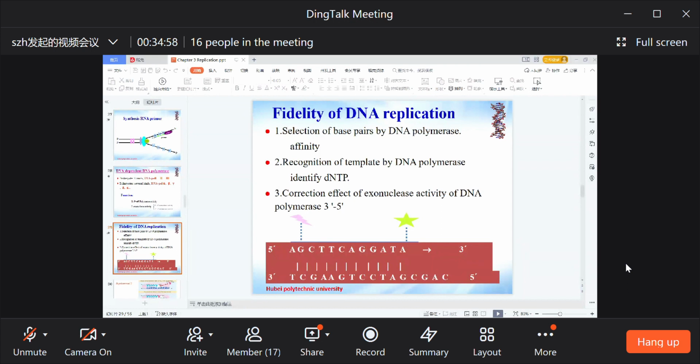So about the function, why does it form this kind of structure? Because every subunit has its own function, and the dimer gives two functions.